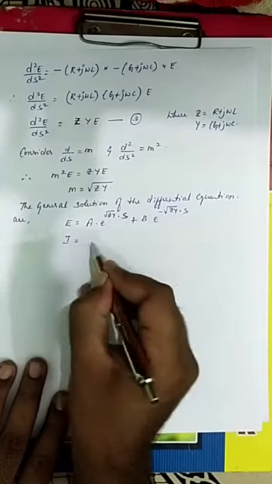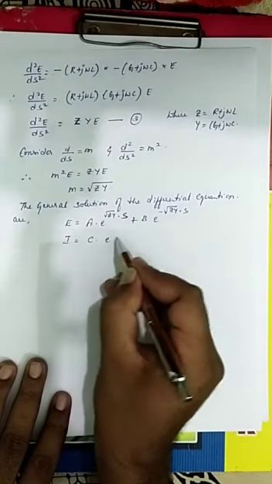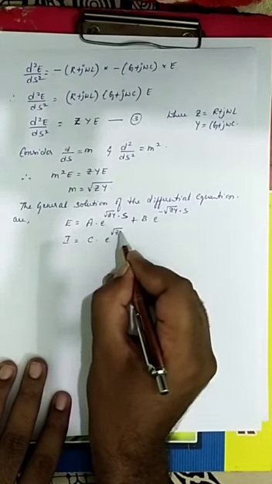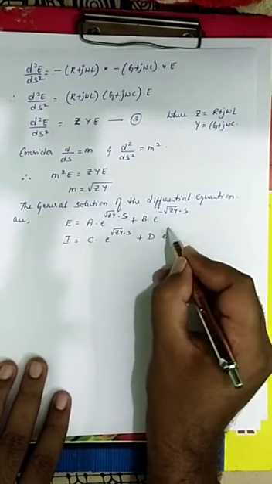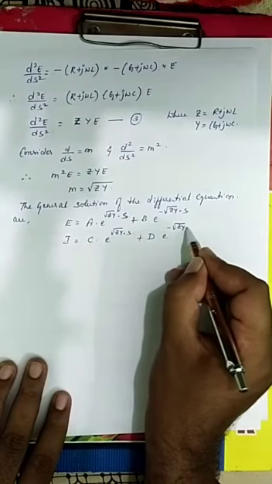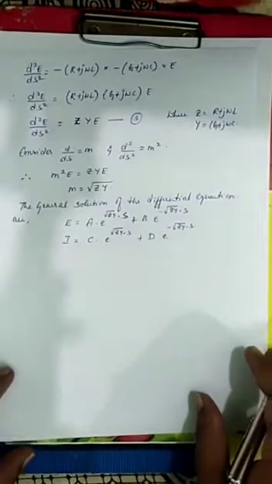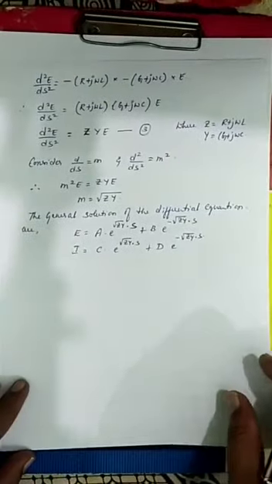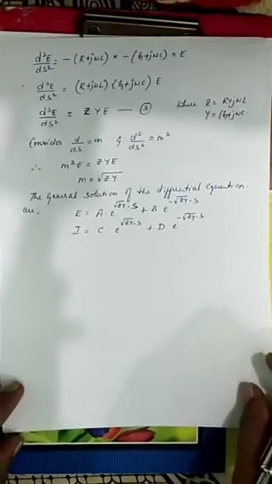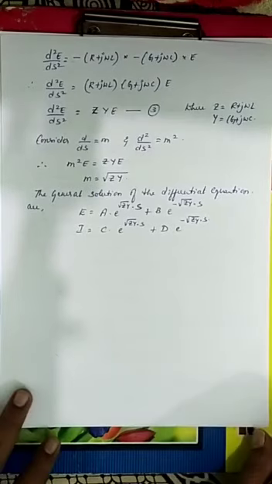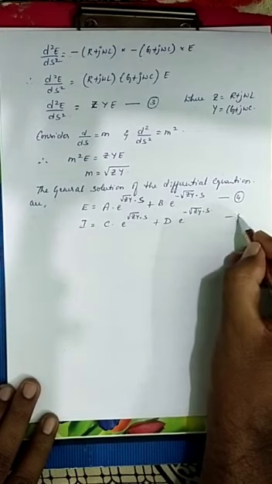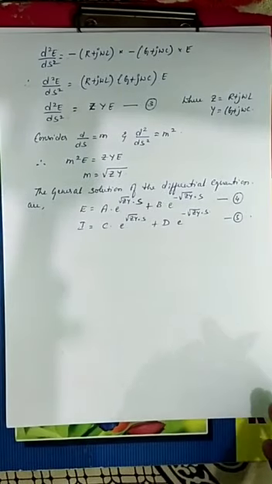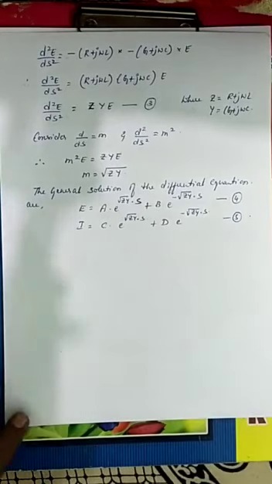Therefore I is equal to a constant C into e power square root of ZY into s plus D into e power minus square root of ZY into s. This is the general solution of the differential equation if the roots are real and distinct. Let us say this is equation number 4 and this is equation number 5. I will continue in the next video.